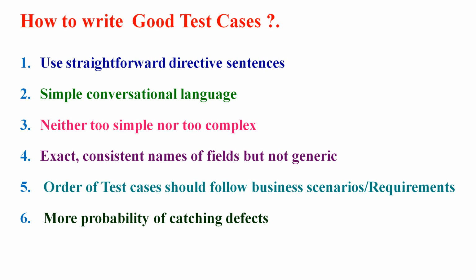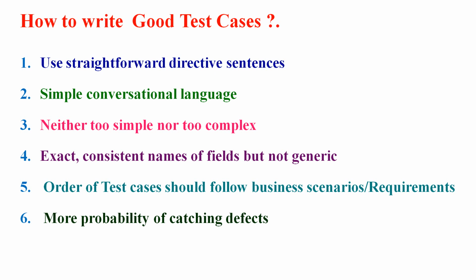That means uniformity should be maintained in terms of the names of the fields, and also it should not be too generic. Generic means general. It should not be general. Right? I repeat. The test cases should be an exact one. It should meet that particular purpose.